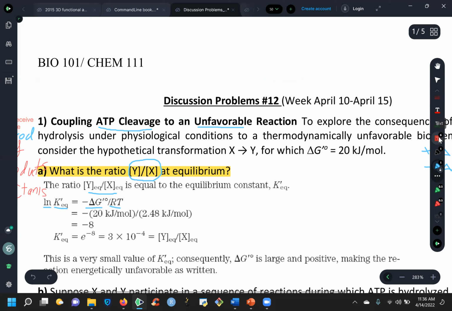Make sure you label things for yourself. Okay, so that's what I'm doing. So ATP cleavage was the favorable reaction, and this had a negative delta G.